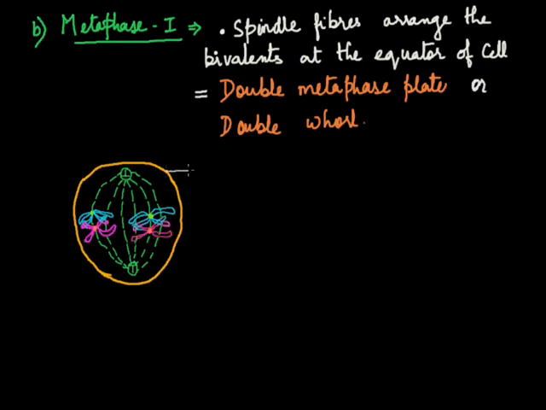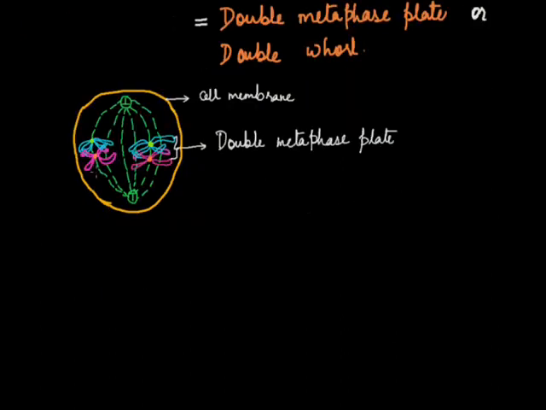We can see this is the cell membrane and this is the metaphase plate, which can be called the double metaphase plate. And these can also be called the bivalents or the homologous pairs of chromosomes.